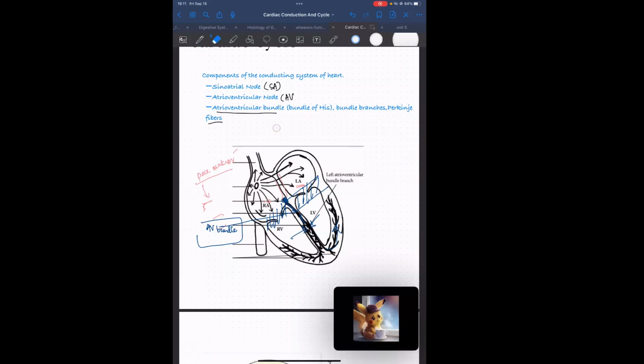So what you'll have to know about this is some special things. Everything starts like a group of specialized cells or a group of specialized fibers.